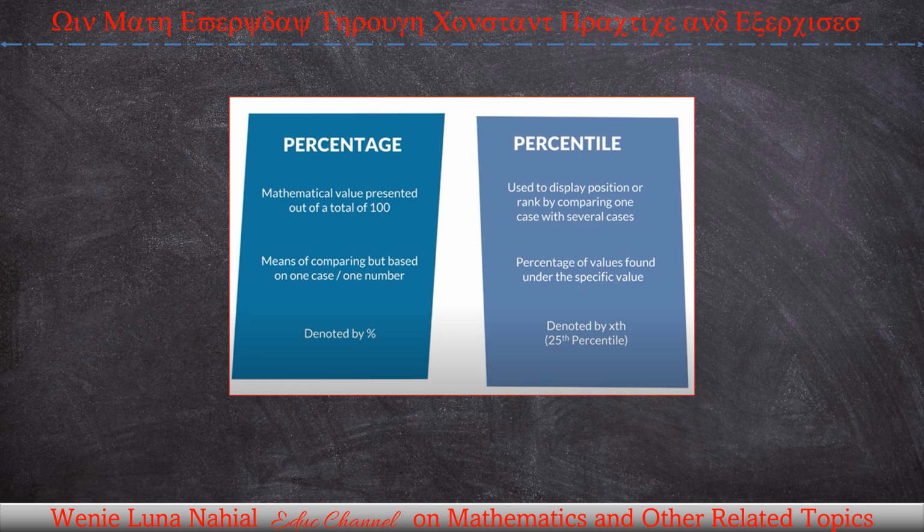It is used as a means of comparing, but based on one case, one number, and we use the percentage symbol. While percentile is used to display position or rank by comparing one case with several cases, denoted by, for example, the 25th percentile.